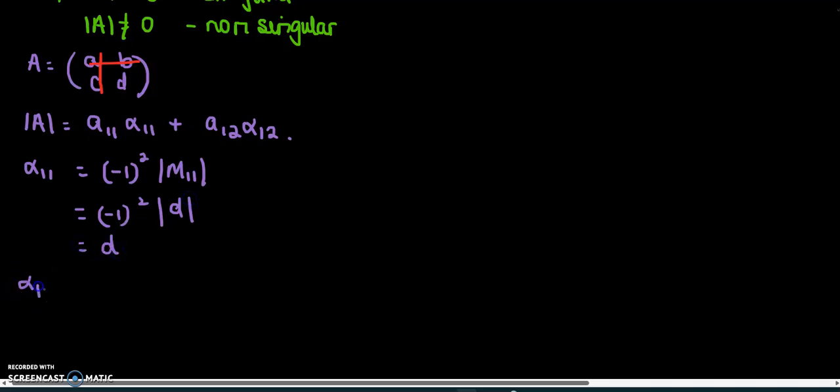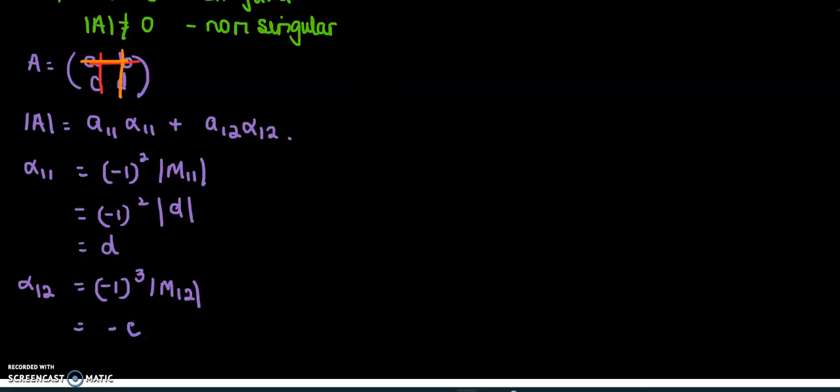Then alpha 1,2 is minus 1 cubed by the determinant of M12. What we're going to do now is remove the first row and second column, and we end up with c. So it will be negative c.